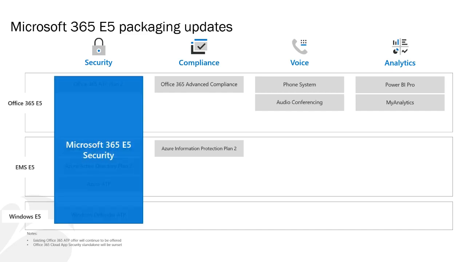And then they've created this new security SKU for Microsoft 365, so you can add on just those security components with a single subscription to give you all of those capabilities.